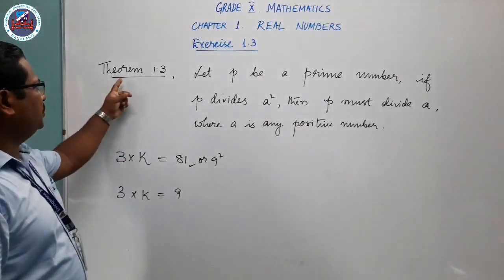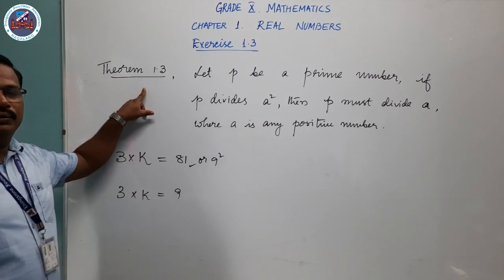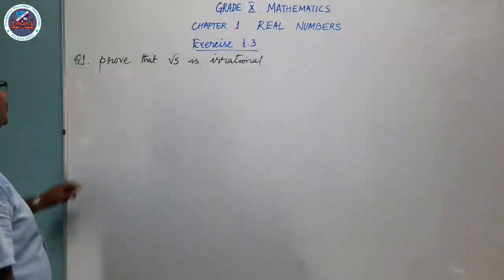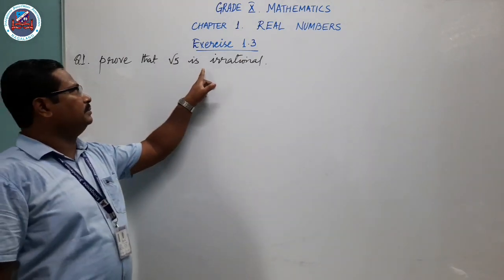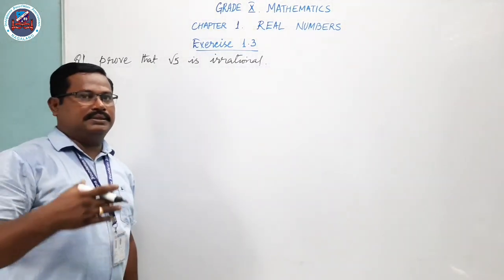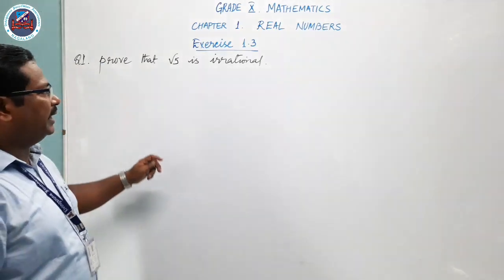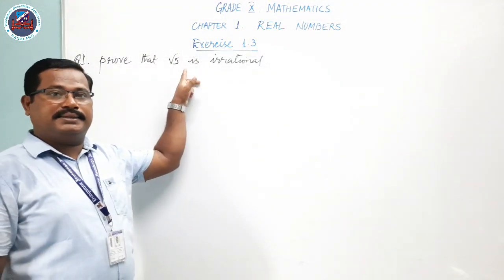That is the theorem we are going to use while proving root 2, root 3, root 5, root 7 as irrational numbers. Now let us see how to prove root 5 as an irrational number. This method of proving we call the contradiction method. First we'll assume that it is a rational number.